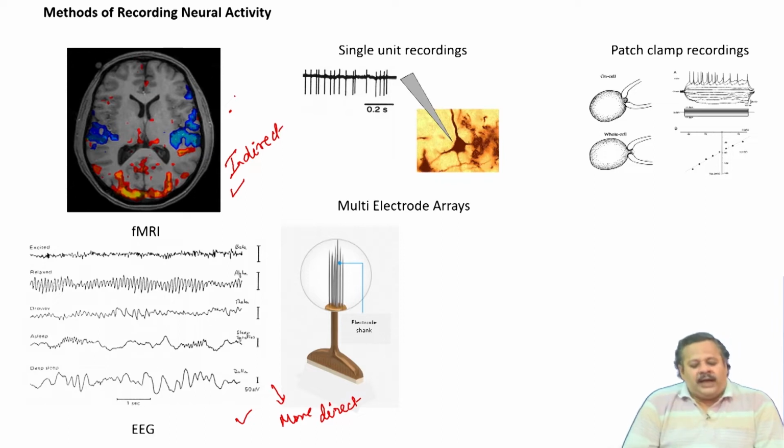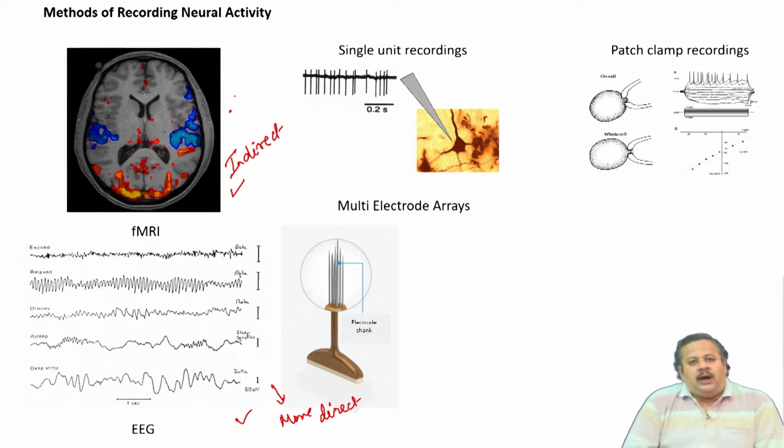Based on comparisons with some baseline, we can look at where activity is reduced, let's say those are the regions marked in blue, and where activity is increased, which are the regions marked in the hot colors or red. So this kind of method allows us to ask many different questions.